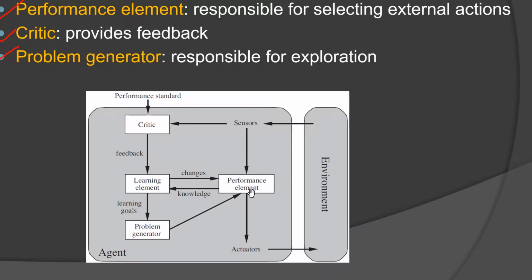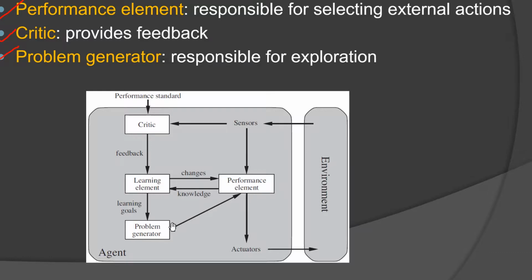The performance element is actually our agent, right? So the learning element will suggest the changes to our agent, and whether the agent can perform that change or not, it gives that knowledge to the learning element.